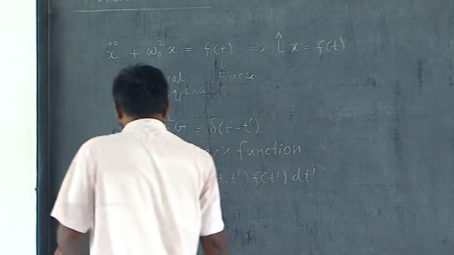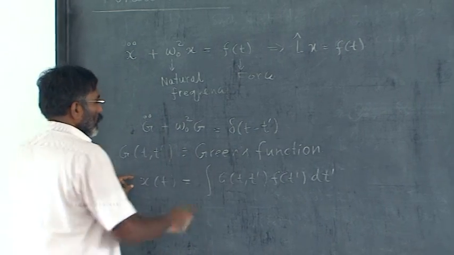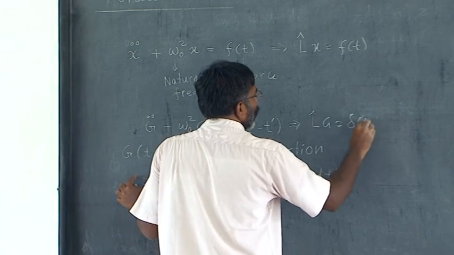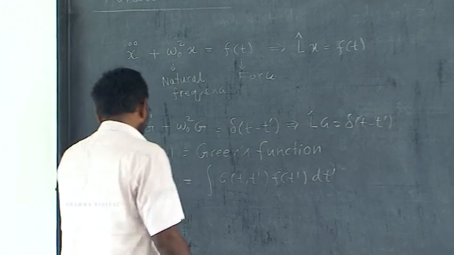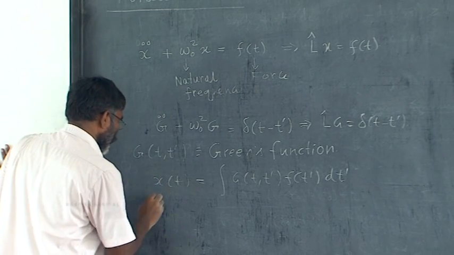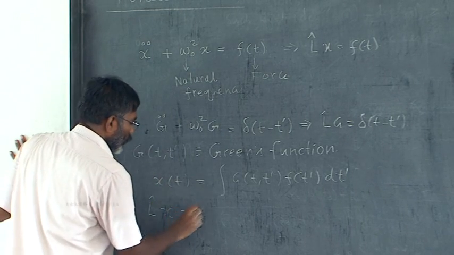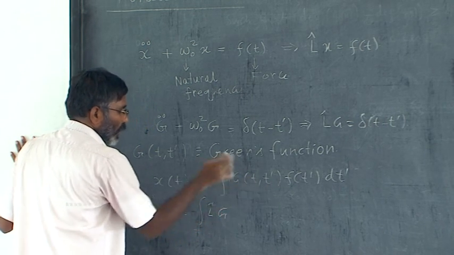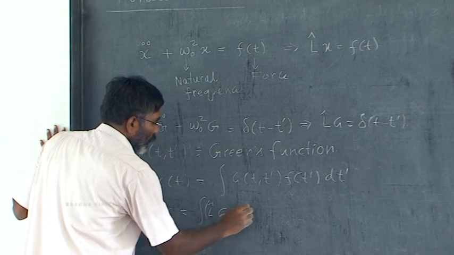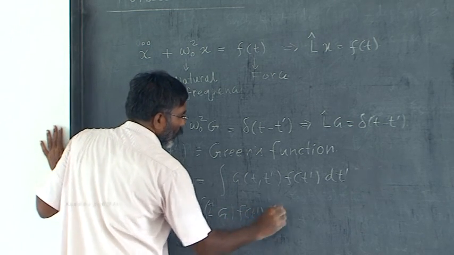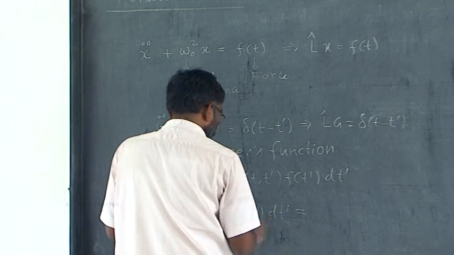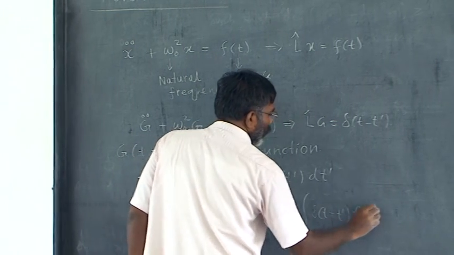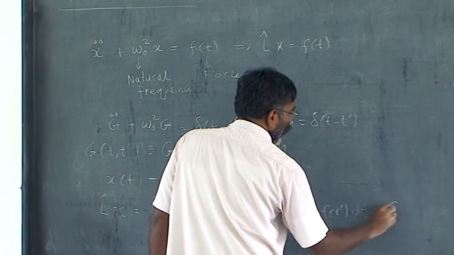Now if I put L on g, this implies L operating on g is delta of t minus t prime. Now L operating on x is equal to the integral of L operating on g, it does not operate on f because it is only operating on the variable t, into f of t prime dt prime, that is equal to delta of t minus t prime into f of t prime dt prime, which is equal to f of t.